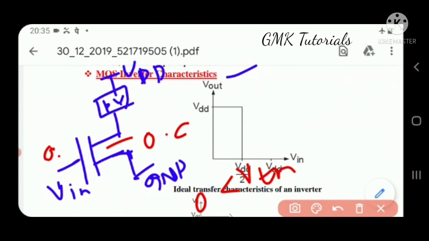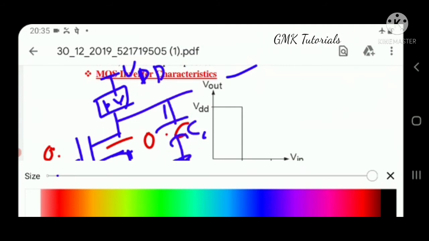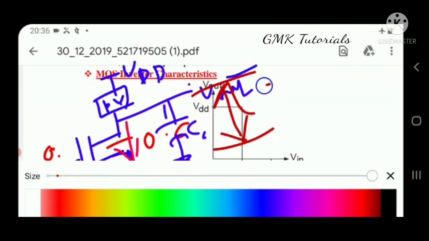Therefore, we don't have any short circuited path in this connection, between CL, which is taken as the output. Whatever voltage is stored in the capacitor is equal to the output voltage.